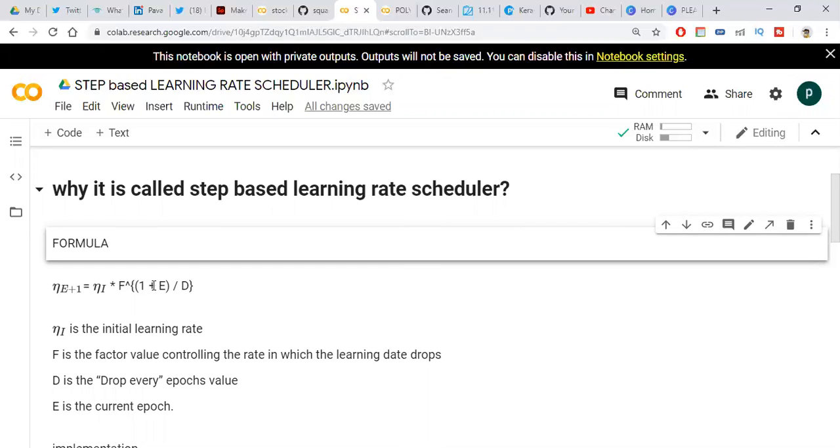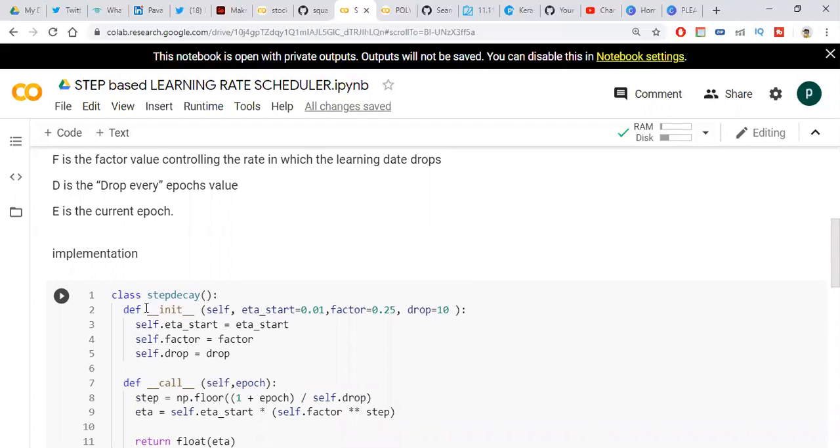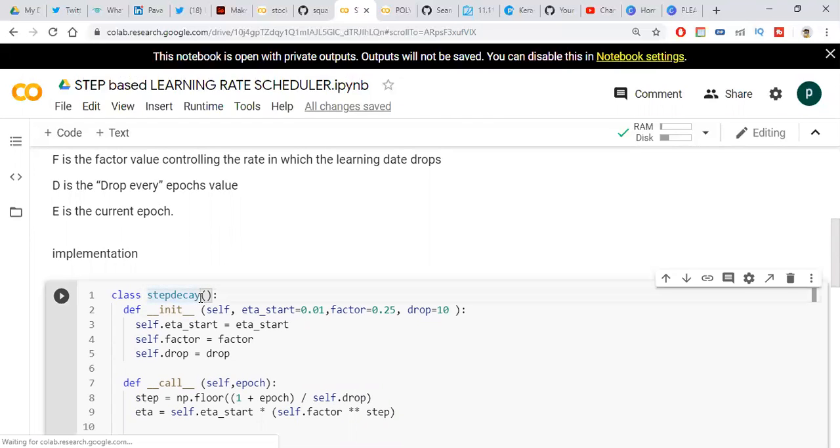With the help of this formula, I am implementing it in Python. I am taking a class as step decay, or we can write step learning rate scheduler. And I am initializing the class.